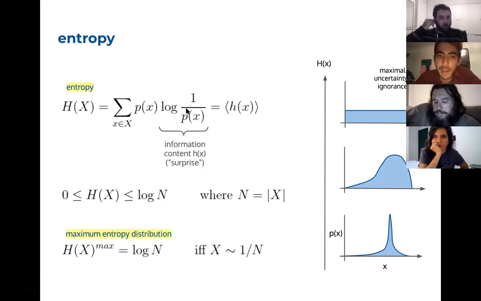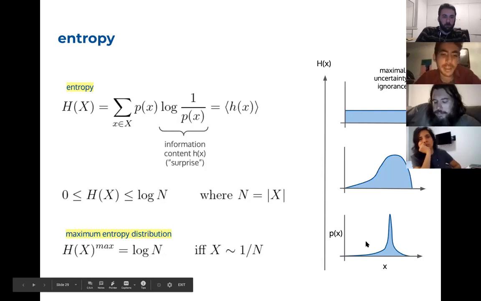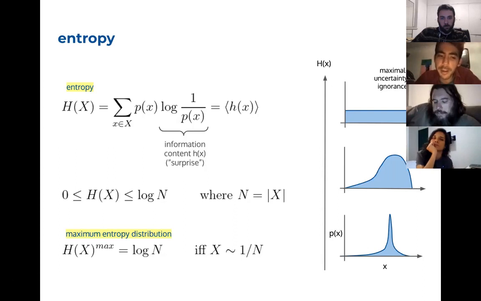For distributions that are peaked instead of being spread out, you might get surprised sometimes, but that's rare. So on average, you get lower information than if it's a uniform distribution. The uniform distribution is interpreted to have the most uncertainty, because basically any state could happen.